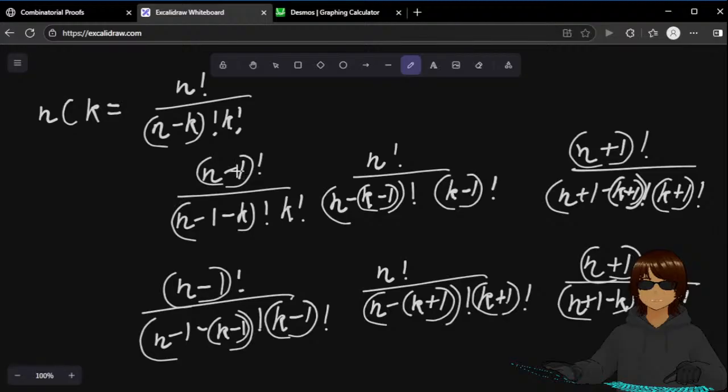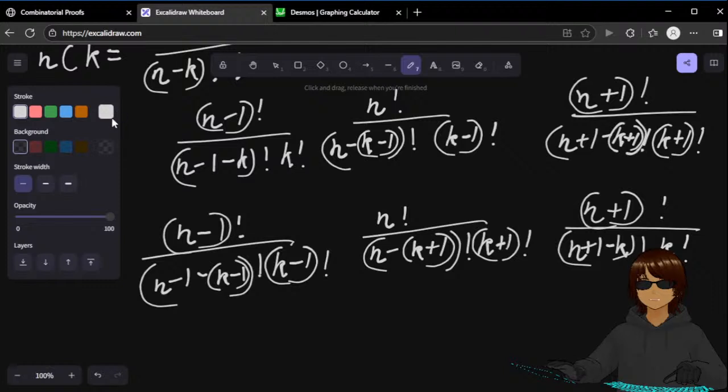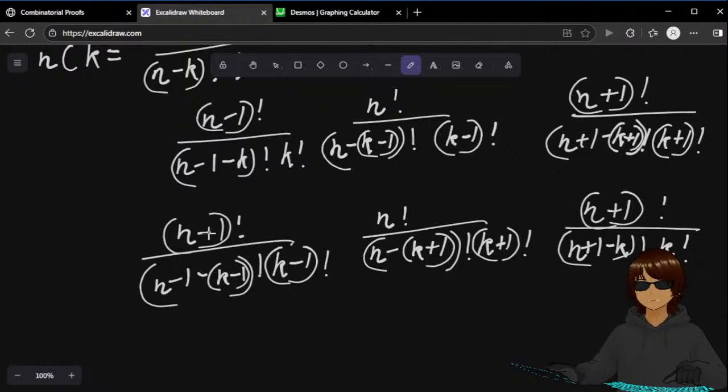Right, so if the terms are equal, n minus 1 and n plus 1, you have k minus 1. Do we have n minus 1 minus k? Right. Let's try canceling each one out.